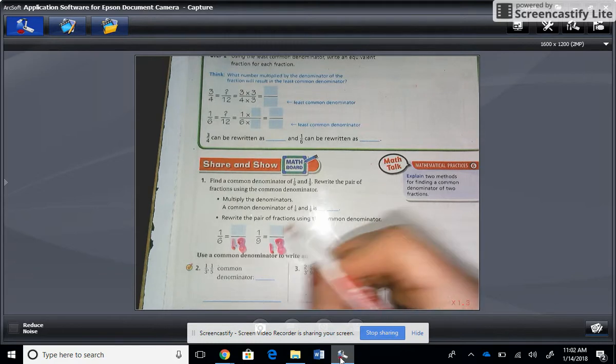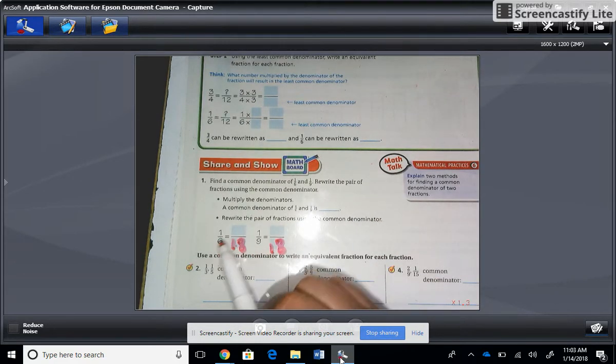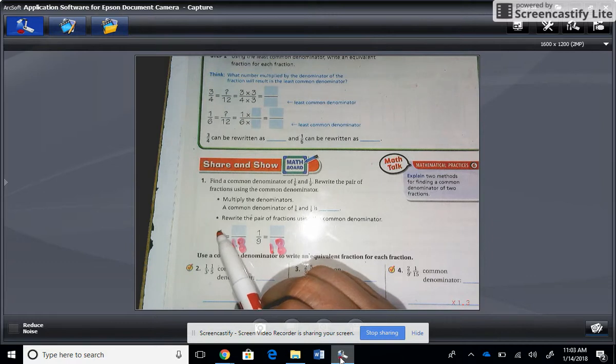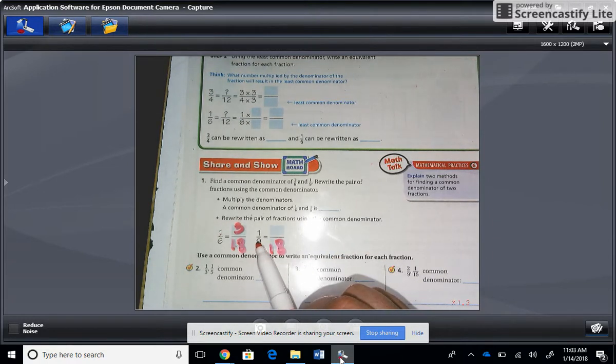They both have a common multiple of 18, so it's 18. So 6 times what got me to 18? 6 times 3, or 1 times 3 is 3. And 9 times what got me to 18? 9 times 2. So 1 times 2 equals 2.